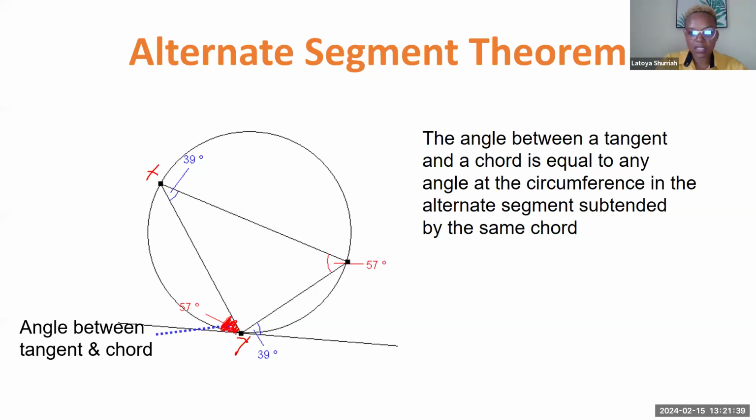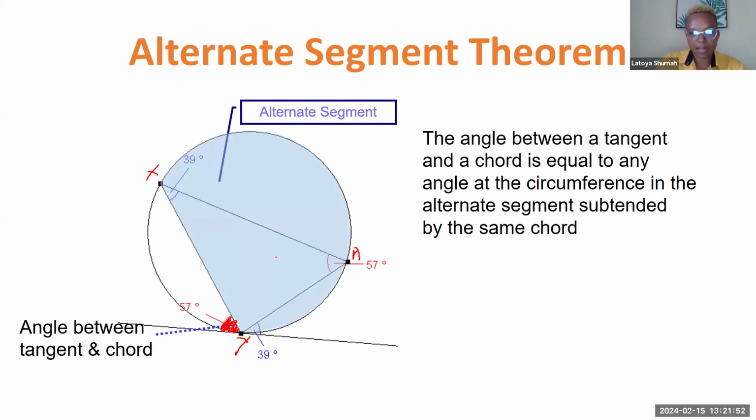It is equal to this angle that I'm going to call A, which is in the alternate segment. So it's the same chord XY. One angle is formed between the chord and the tangent on one side of the chord, and the other angle is at the circumference in the other segment of the chord.